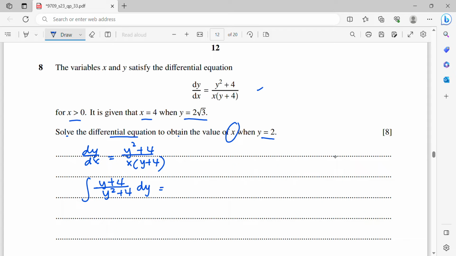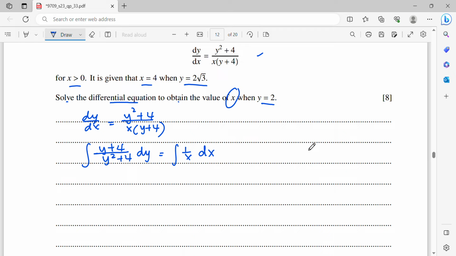Keep the y on the left hand side and keep the x on the right hand side. So from here, for the left hand side, we need to split it into two terms. So it will be integrate y over y squared plus 4 dy plus integrate 4 over y squared plus 4 dy. That equals integrate 1 over x dx.